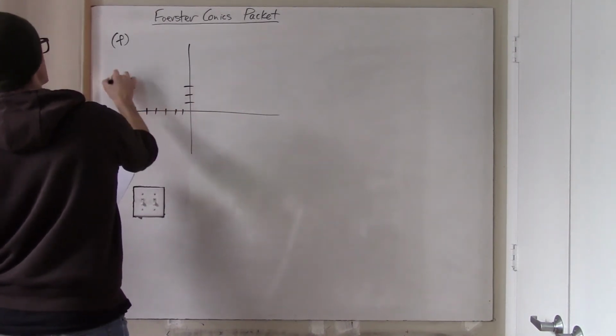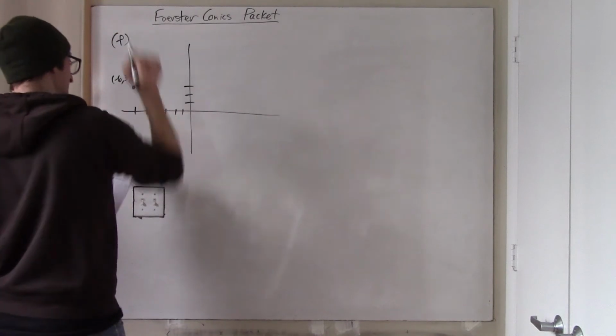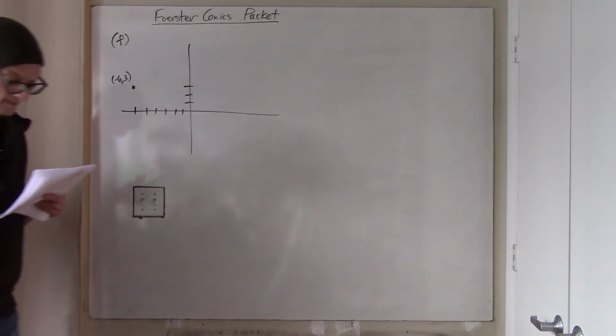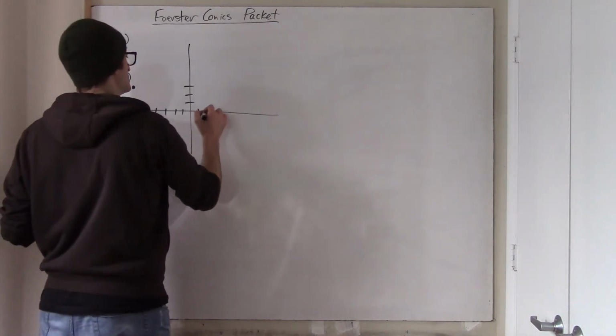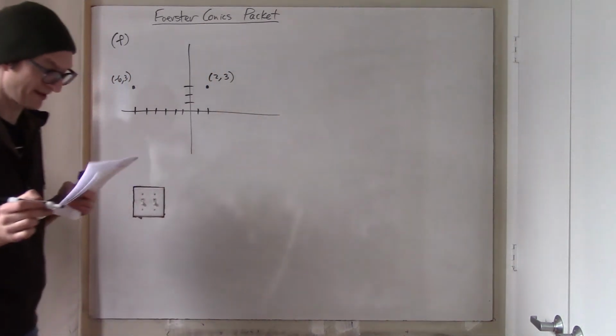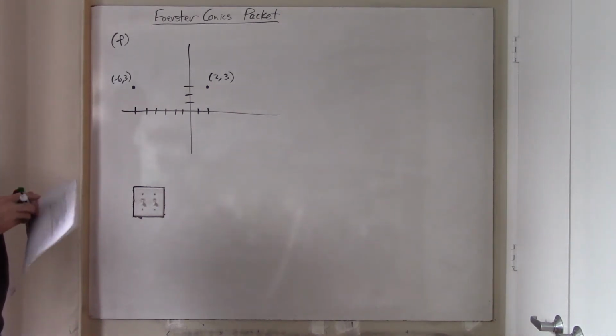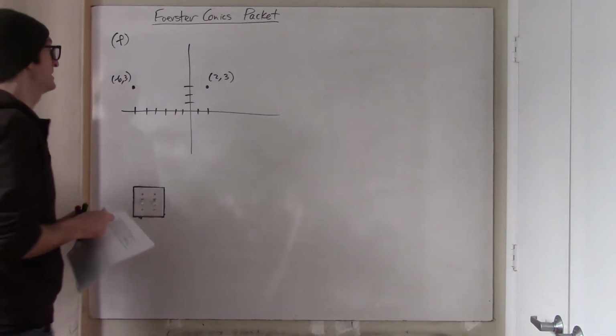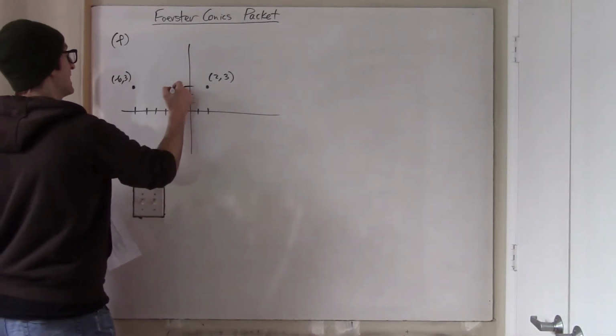So there is one point, negative 6, 3. And the other vertex is at 2, 3, so there it is. Okay, these are the vertices. If these are the vertices, then I can take their midpoint. That will be negative 2, 3.